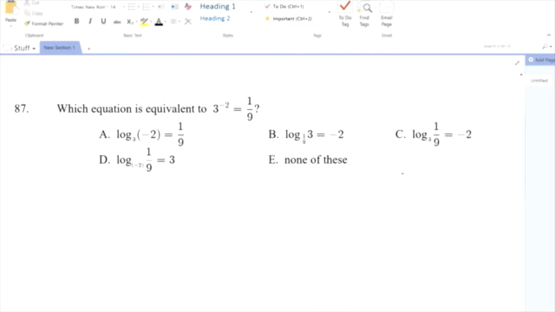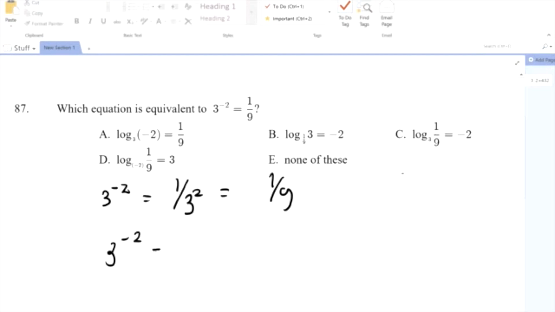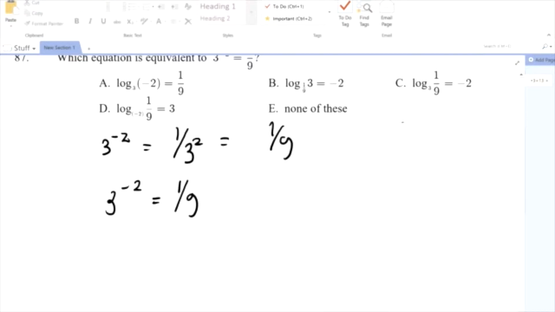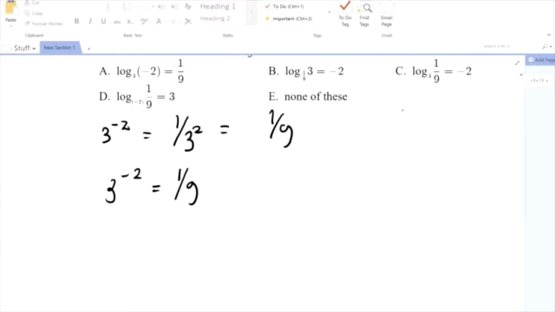Well, we can see that 3 to the negative 2 power does equal 1 over 3 squared, which is equal to 1 over 9. So this is really equivalent to each other.